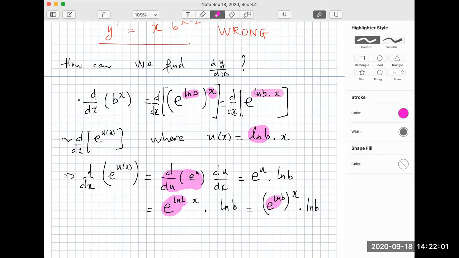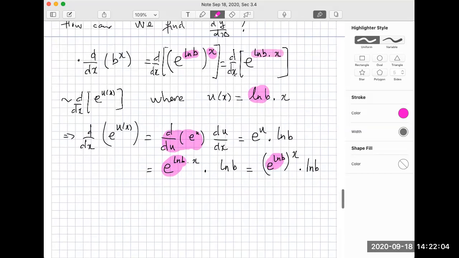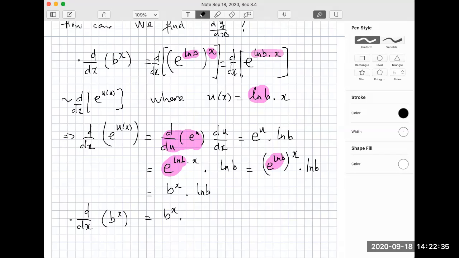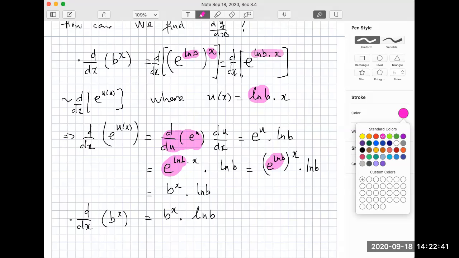And again, e to the ln b is, we just wrote this before, b. So e to the ln b is b, and then b to the x, times ln b. So finally, it tells us that d over dx of b to the x will be b to the x times ln b, for any number b larger than 0 and b is not 1.